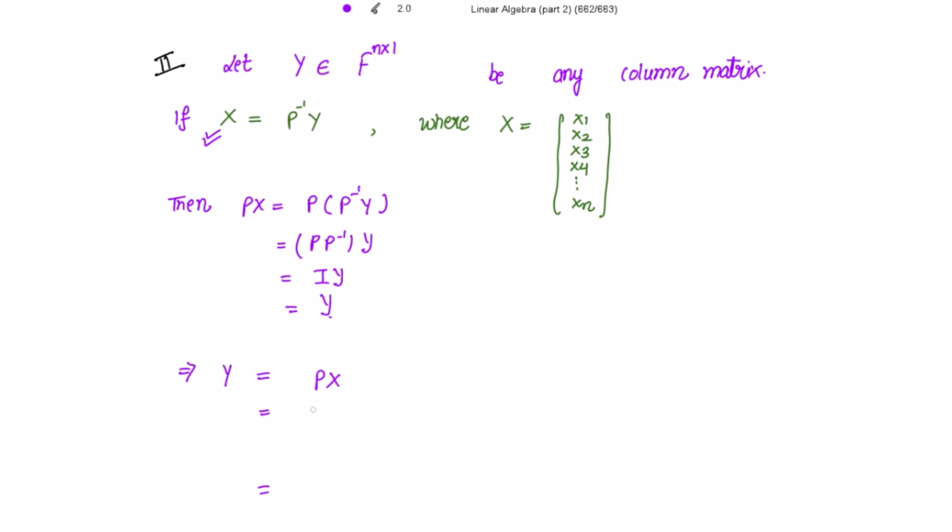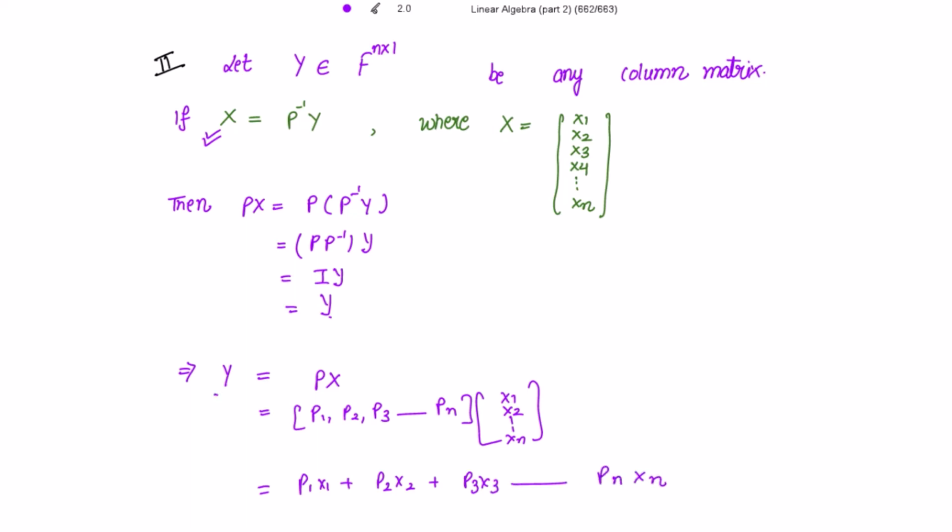Now what is P? I know that P is P1, P2, P3 up to Pn, and x I am writing as x1, x2 up to xn. If I multiply these matrices, I get P1x1 plus P2x2 plus P3x3 and so on up to Pnxn.